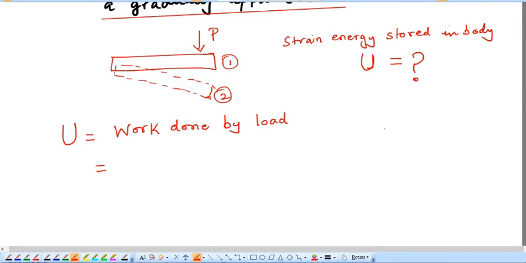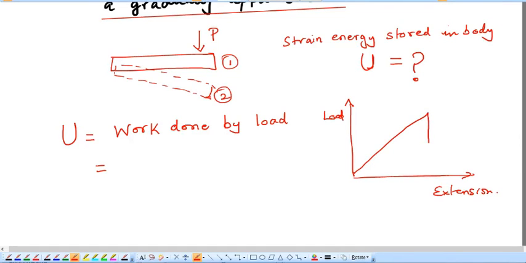if you draw the load and extension diagram, see this is your load and this is your extension. Your graph will be like this.